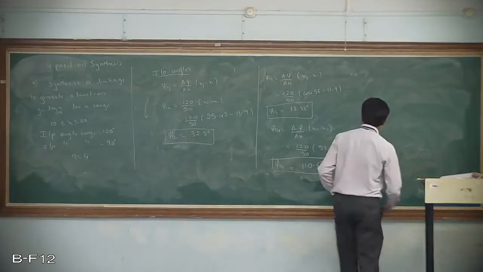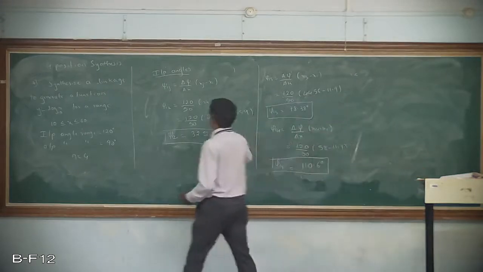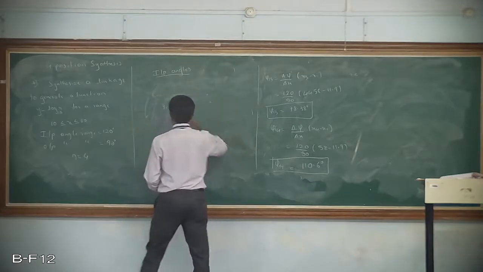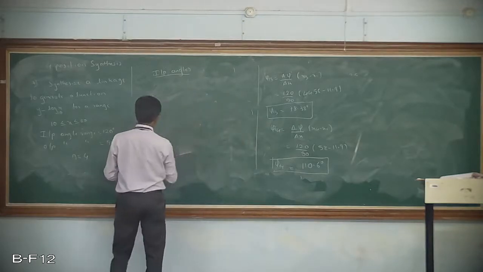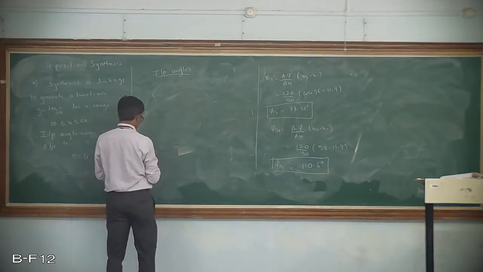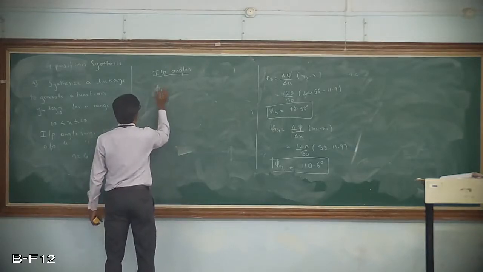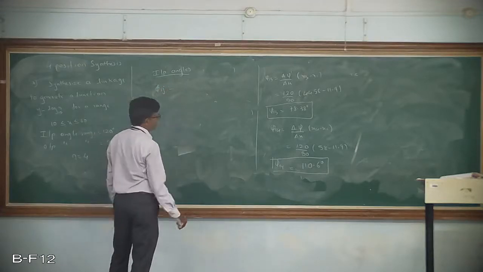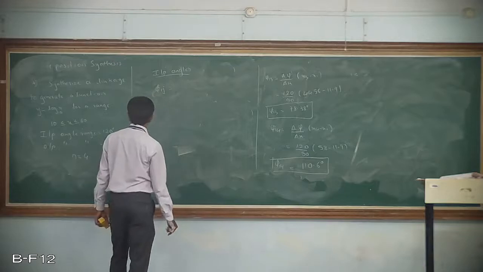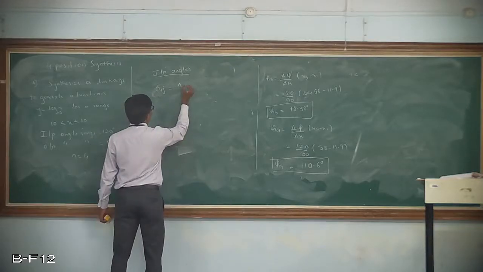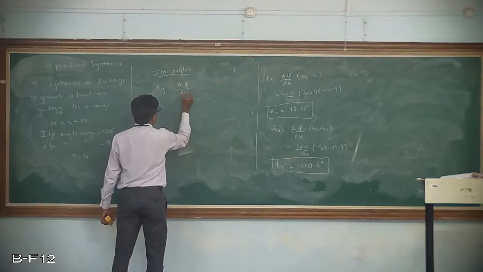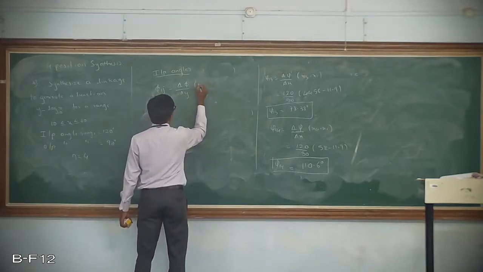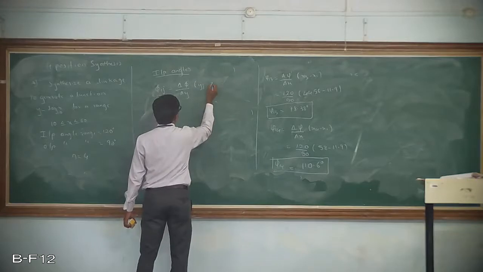Similarly, how we have done for the three position synthesis, we'll be doing the same thing here. So phi1j, if I consider phi as the output angles, will be delta phi upon delta y into yj minus y1.